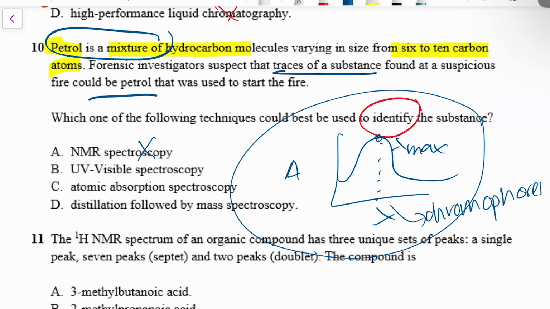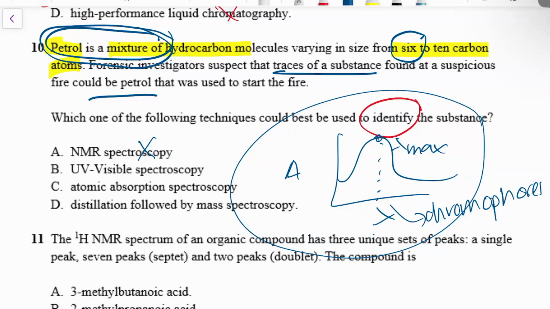So for all we know, it might not be a mixture of hydrocarbons like we need it to. It might just be one carbon chain with 6 carbons, or with 7, or with 8. It might not be a mixture of 6, 7, 8, 9, and 10.